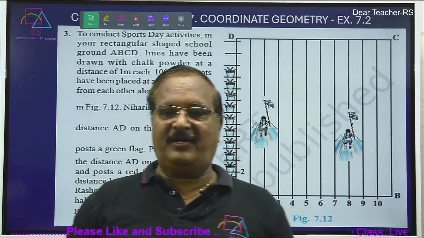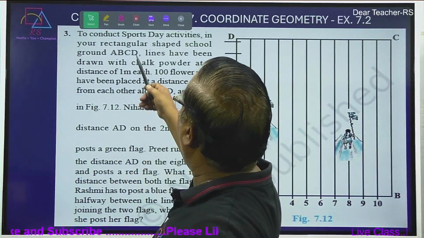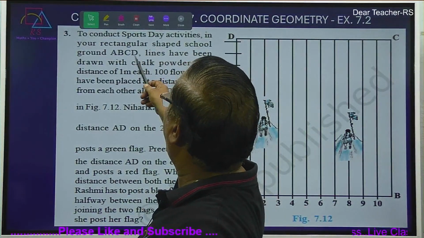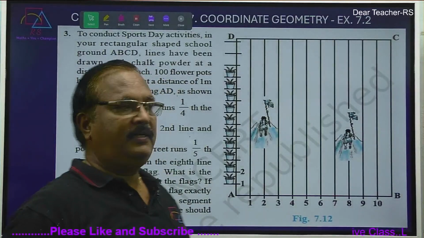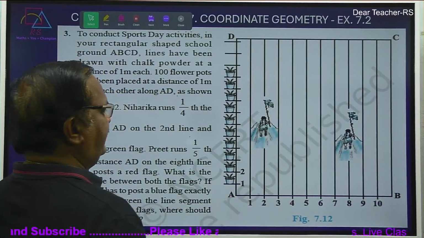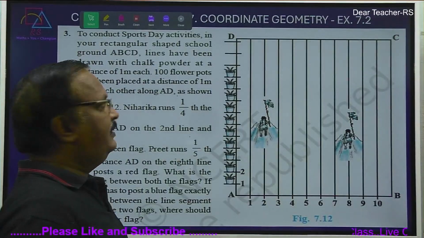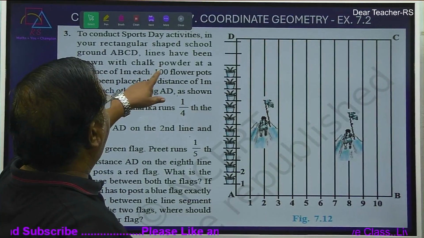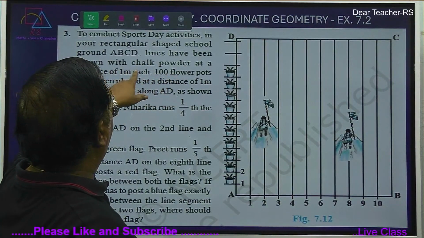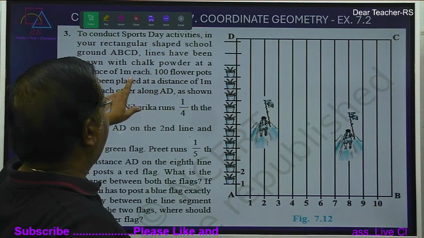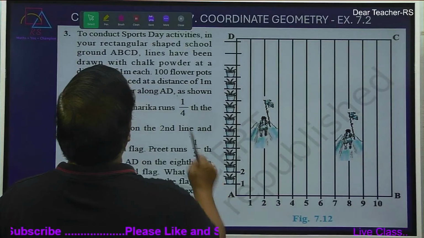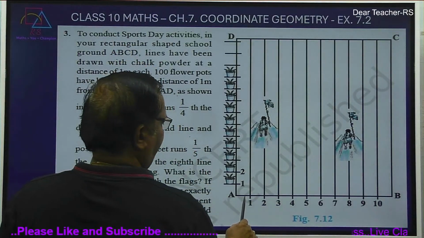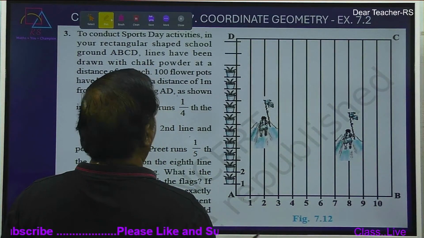So, to conduct sports day activities, ABCD is a rectangular shaped ground. He has given everything. ABCD lines are drawn with chalk at a distance of 1 meter each. So 1 meter, this is 1 meter, this is 1 meter.